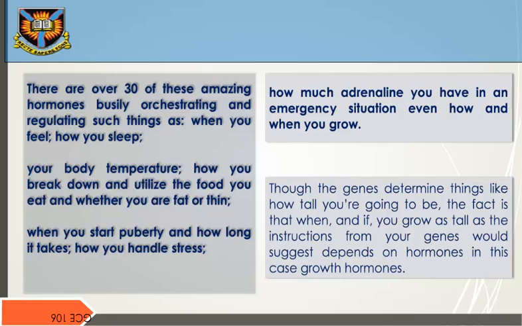Though the genes determine things like how tall you are going to be, the fact is that when and if you grow at all, as the instructions from your genes would suggest, depends on hormones, in this case growth hormones.